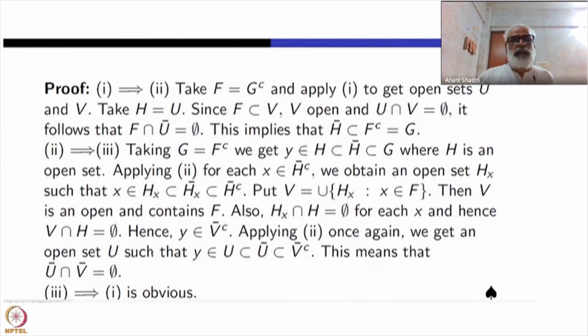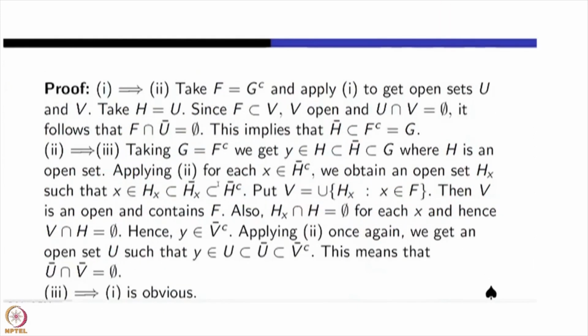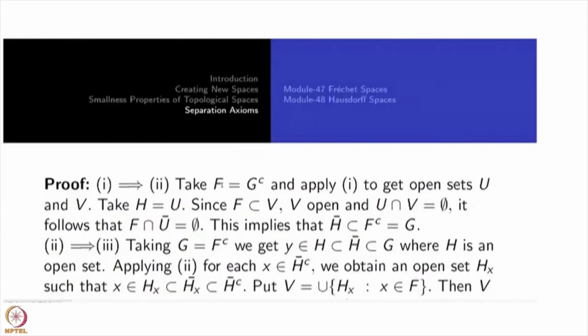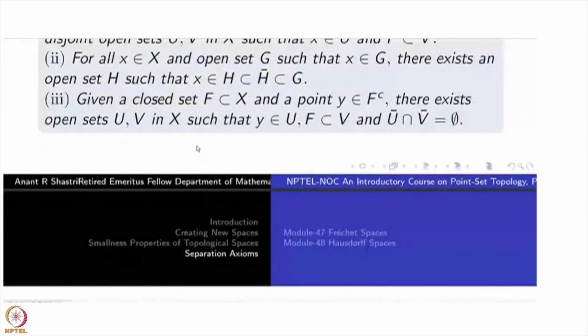And 3 implies 1 is obvious. So 1 is taken as the definition usually, though 2 and 3 are equivalent. You can use whichever one you like, because that is the easiest to verify. When you want to test whether a given topological space is regular or not, you want to test the simplest thing, the easiest thing.